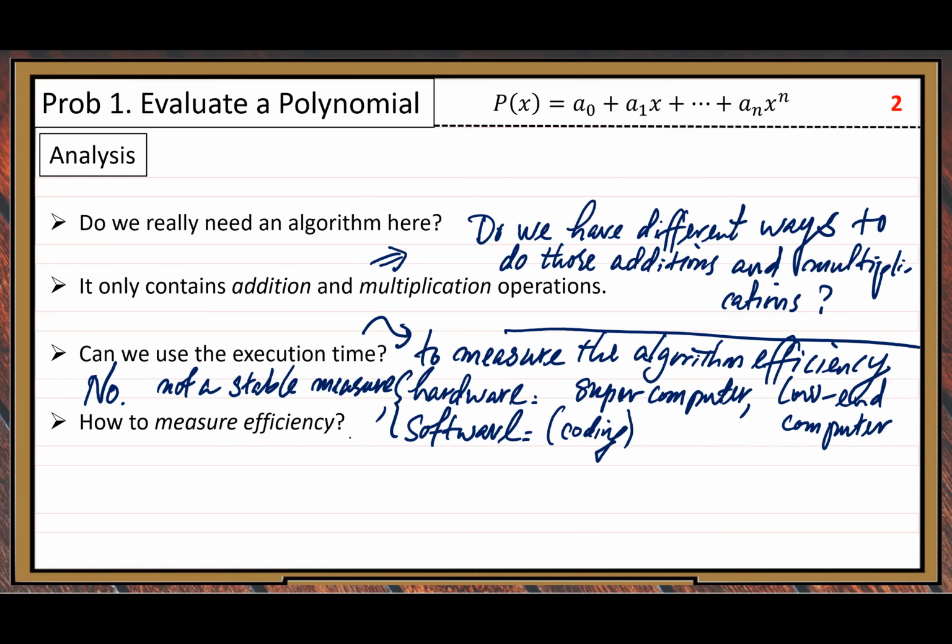In order to get a fair, stable measure, we want a measure that does not rely on hardware or software, with a very stable number. That's our goal: get a stable measure for algorithm efficiency.